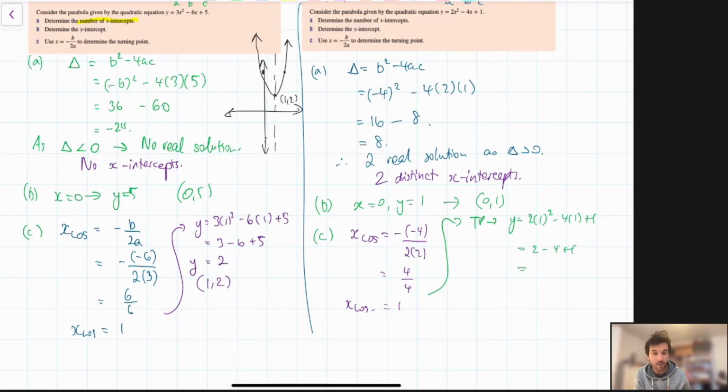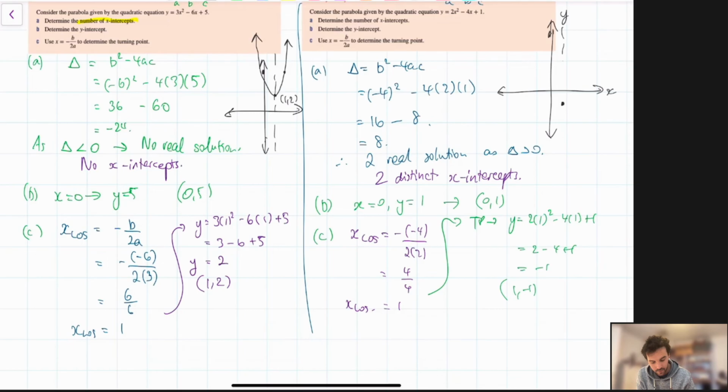So that's going to be -2 plus 1. It's -1. And there's our turning point at 1, -1. Now, if we did a bit of a sketch, we can have a look at what this is going to look like. It hasn't asked us to do a sketch, but it's always interesting to see, just to double check your answers. Okay, so 1, -1. So there's a turning point there.